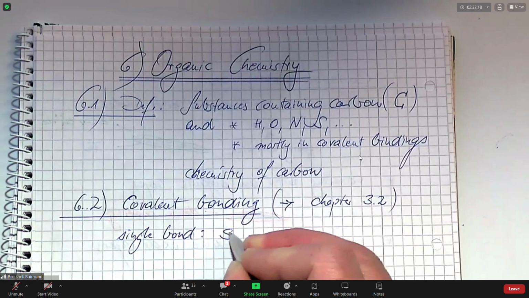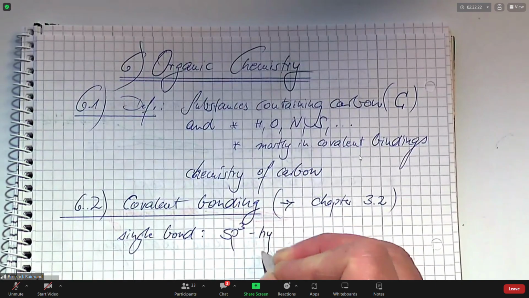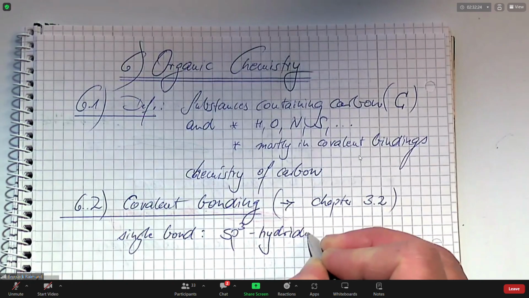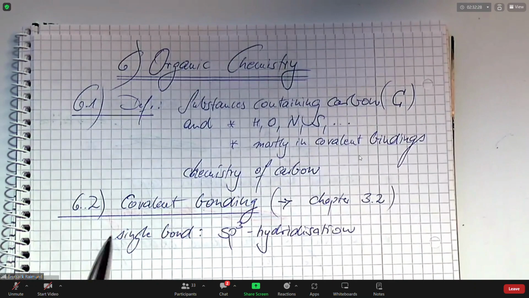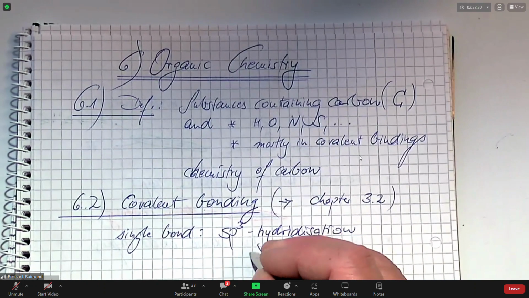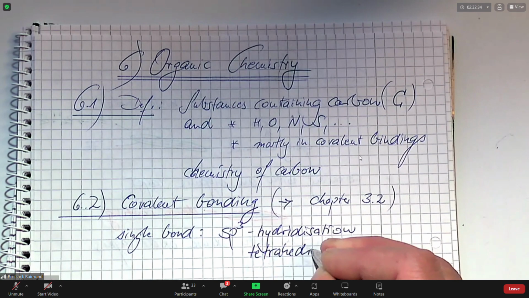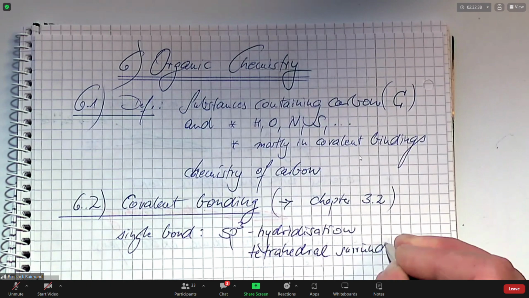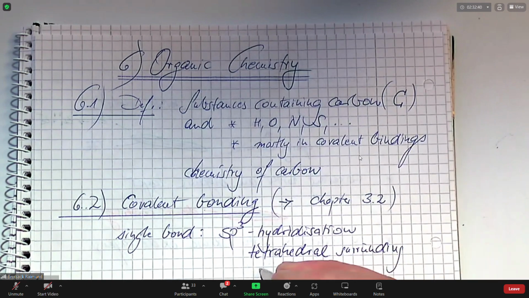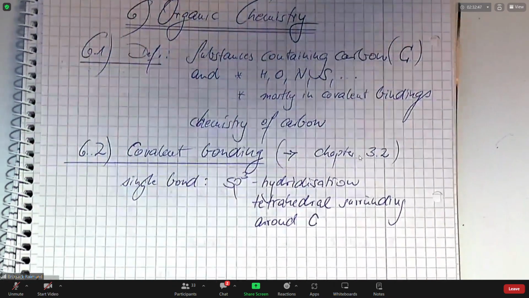This is sp3 hybridization. And we have this tetrahedral surrounding around the carbon. Carbon in the middle of the tetrahedron.